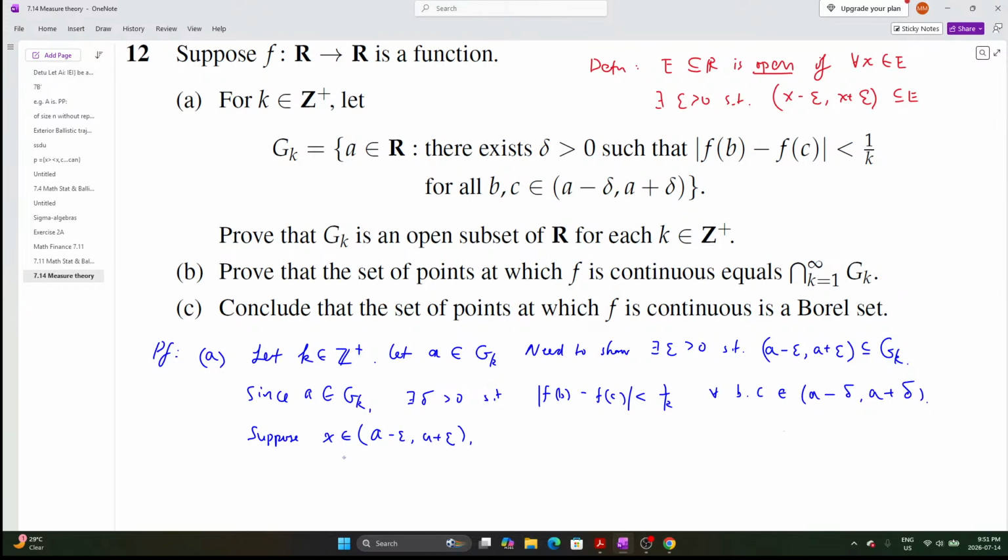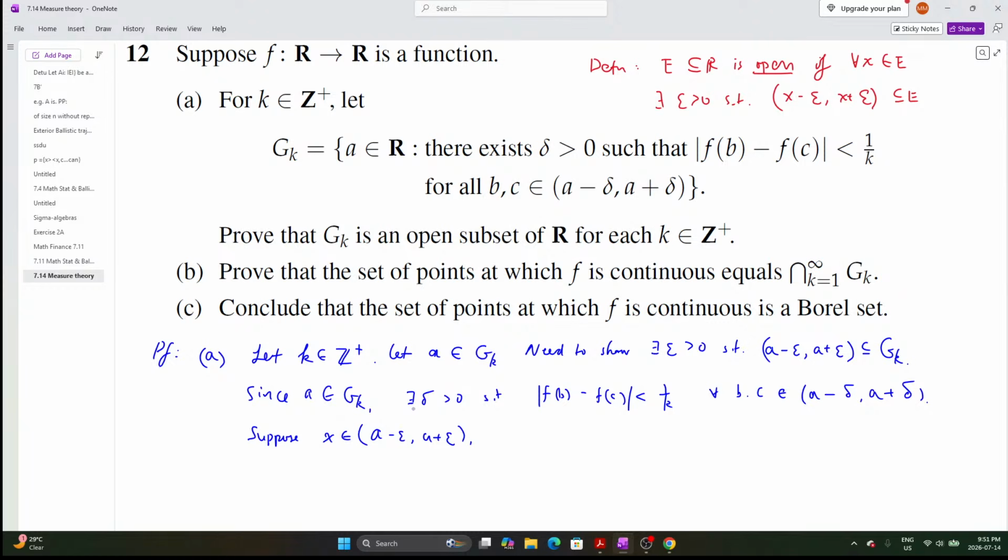So here we have this little delta, which works for a. For every a, there exists a delta satisfying the property. We want to show that x is in G_k also, so we need to construct a delta that is particular to x.